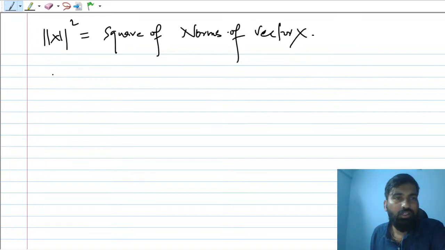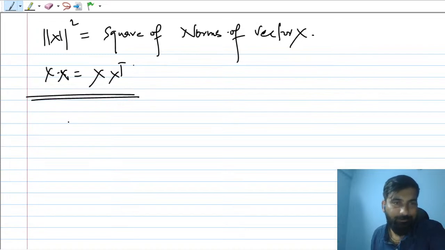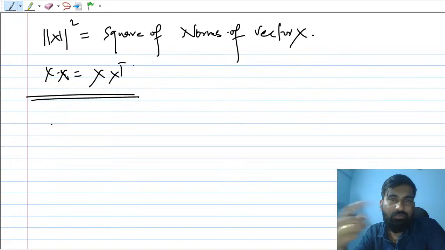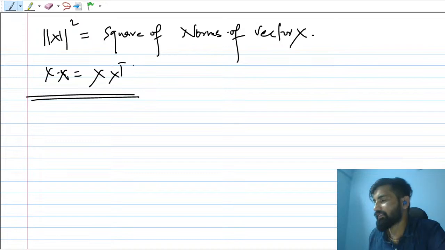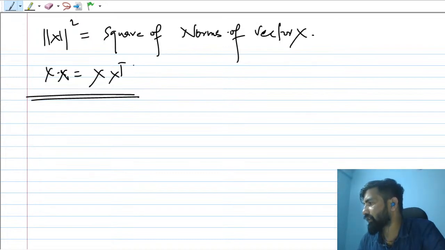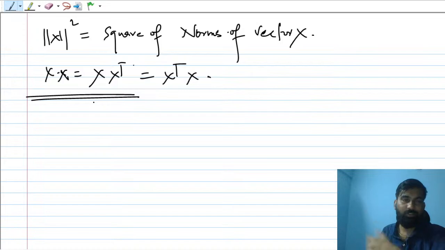You can take x dot x, or x transpose x. So the square of the norm is nothing but x transpose x, or however you want to write it.